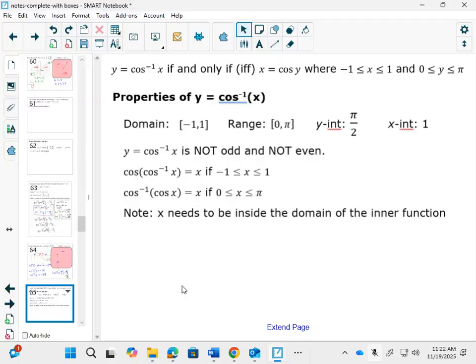And you can only do cos inverse of cos of x, and it's only equal to x, if it's in quadrant 1 and 2 to begin with. Otherwise, we have to think about the positive and negative shortcut thing that I showed you.